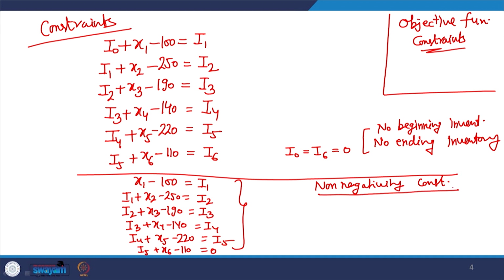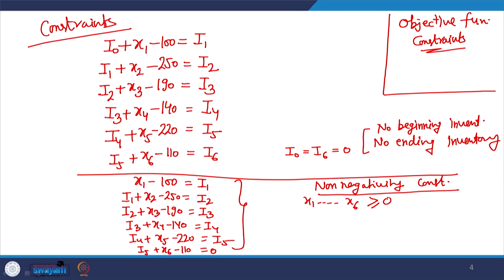Our decision variables are from x1 to x6, and these are the quantities you are going to produce in a particular period. It is quite possible that when we are solving this model, for x3 it may come 0, but the value of x for any period cannot be negative.